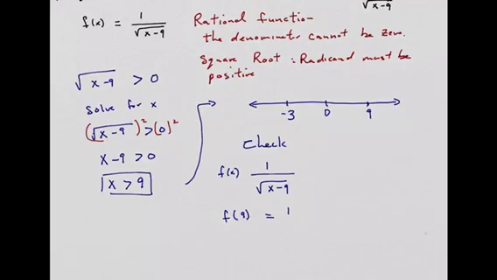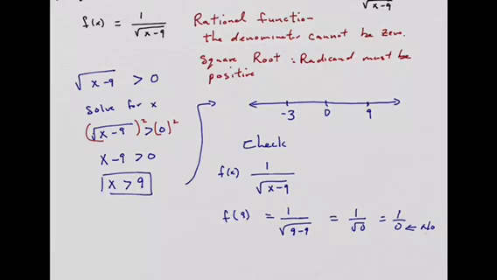Well, f of 9 will be 1 over the square root of 9 minus 9, which is 1 over the square root of 0, which is 1 over 0, and we know that this is undefined. So that's why the domain has to be a number greater than 9.